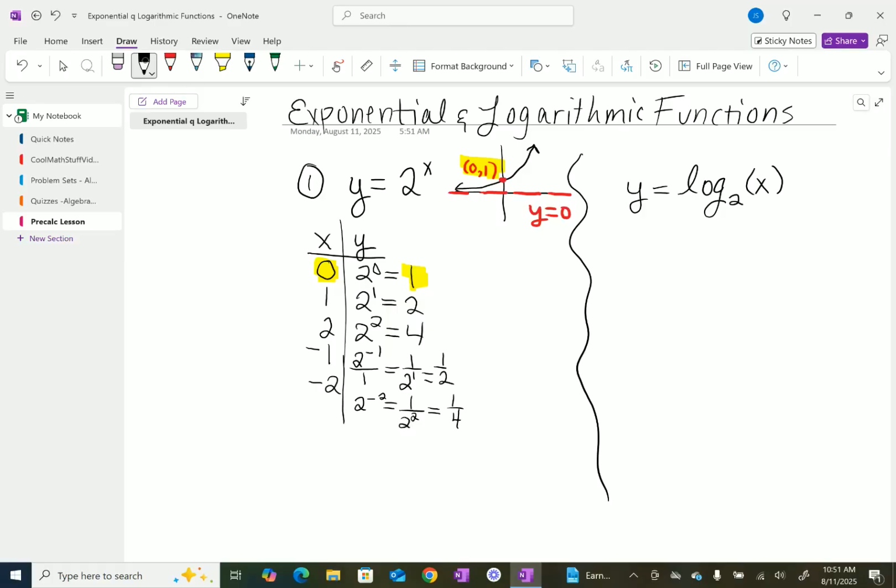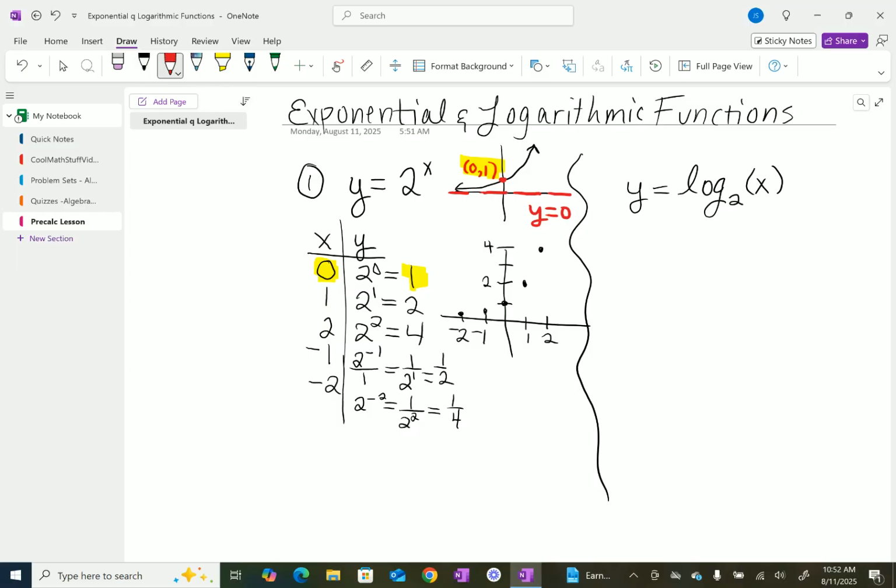Let's see here, we can just make a quick graph, plotting those points. And so I have 0, 1, and then I have 1, 2, and we have a 2, 4. Like so. And then I have a negative 1, 1/2, and then a negative 2, 1/4.